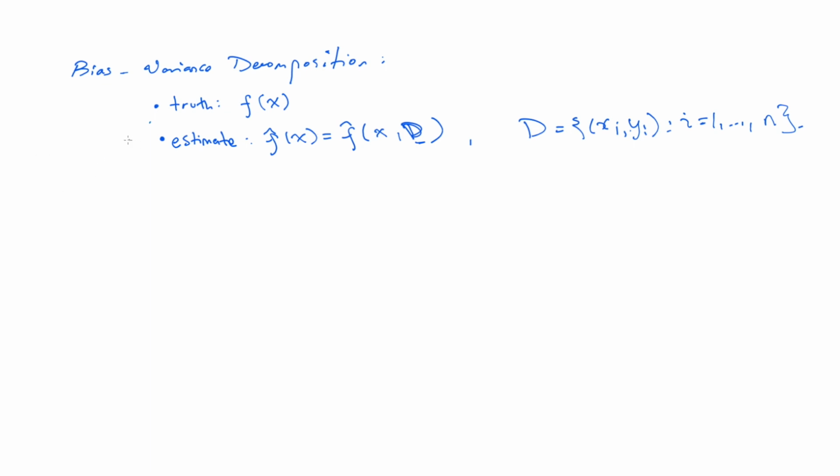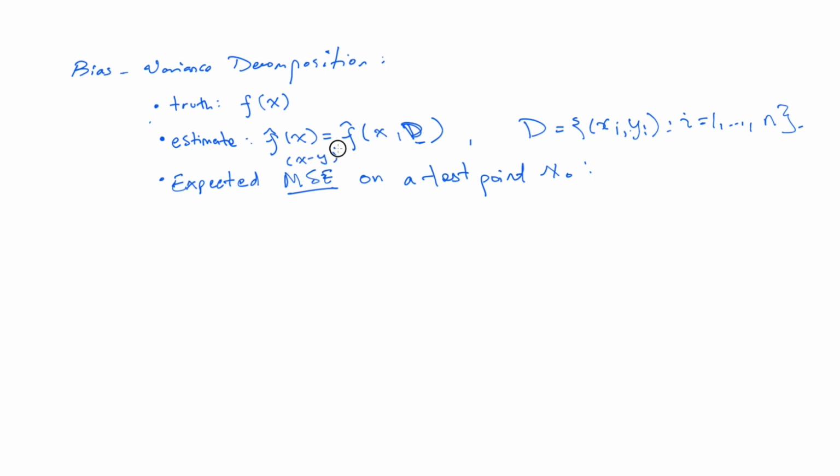Okay, and we want to look at the expected mean squared error on a test point x0. So basically, I just want to know what is my expected error. So mean squared error is just squared error, right?